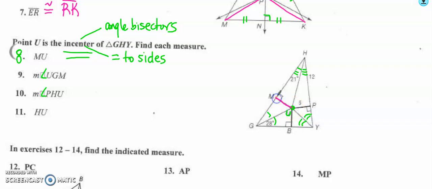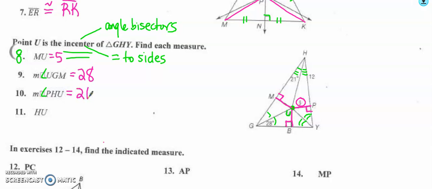So this is equidistant to this right here, which is equidistant to this over here. So MU equals 5. Hope that makes sense to you. Angle UGM is 28. Angle PHU is 21.